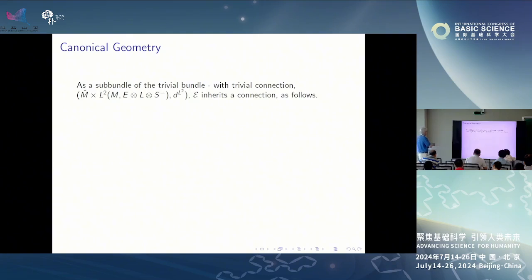So we have M hat cross L2, which is just a trivial Hilbert bundle. So it's infinite dimensional, but it's trivial, and as a trivial bundle it has a canonical trivial connection. And so calligraphic E inherits a connection because it's a subbundle of this trivial bundle. So we can give it a connection in the following way. Let pi_B denote the unitary projection from L2 to the kernel of D_B dagger.